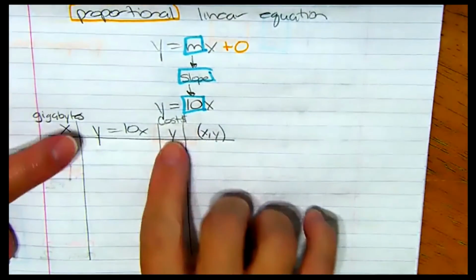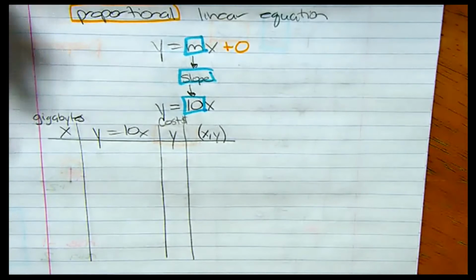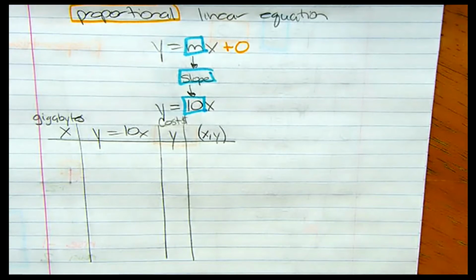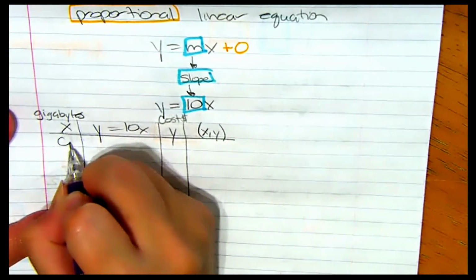I like to label my x and y so that I know what I'm working with. So if I'm dealing with gigabytes, can I have negative gigabytes? I can't have negative gigabytes. That doesn't make sense. So I don't need to deal with negatives. My first number can be 0.